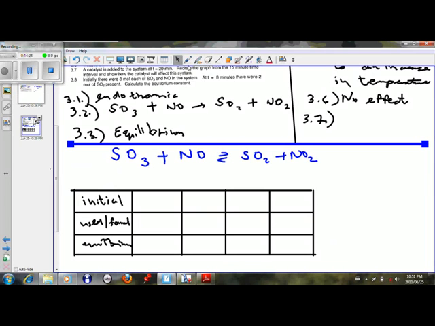You can see that here we have our SO3, here we have our NO, SO2, and NO2. Let's just complete the table.